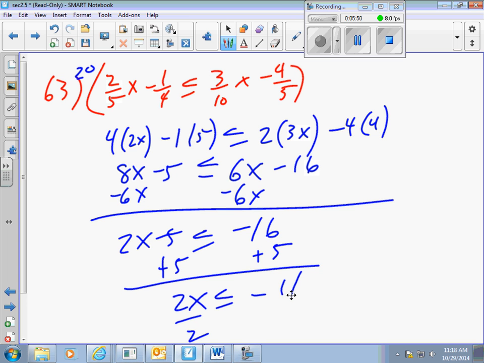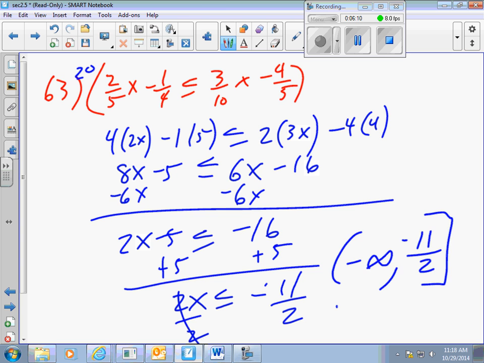Dividing by 2, dividing by 2. Again, we're dividing by a positive 2, so we do not need to switch the sign. Because it's less than, it's heading to negative infinity, and it will stop being true at negative 11 halves, inclusive.